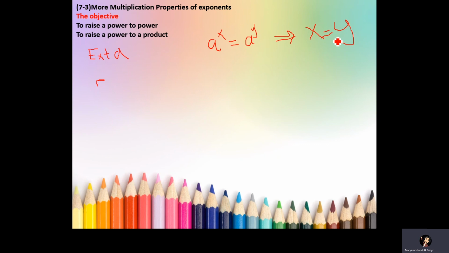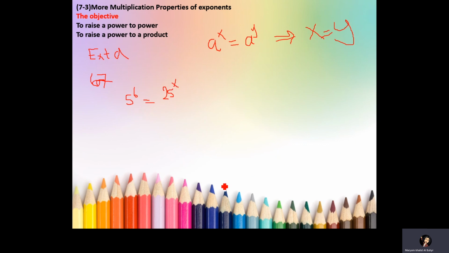Use this idea to solve question 67, which says, find the value of x if you have 5 to the power 6 equals 25 to the power x.